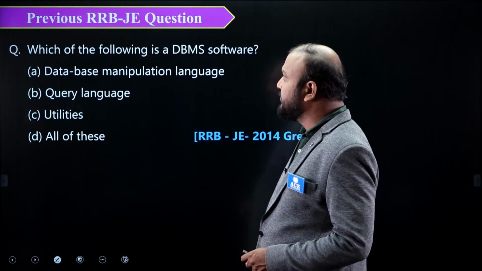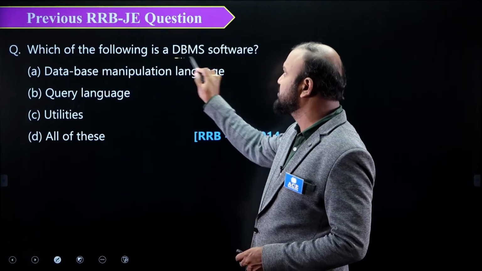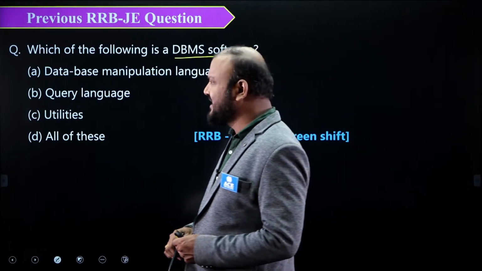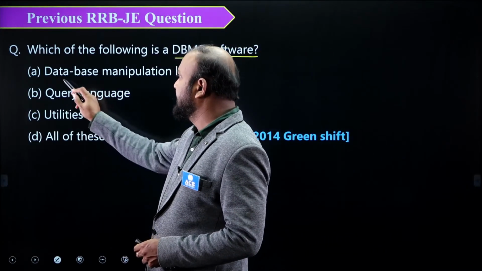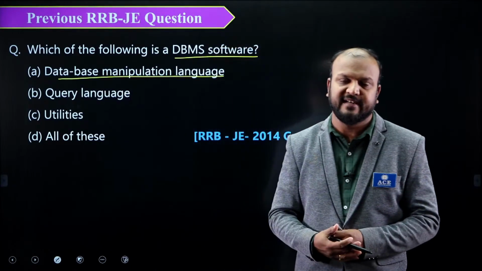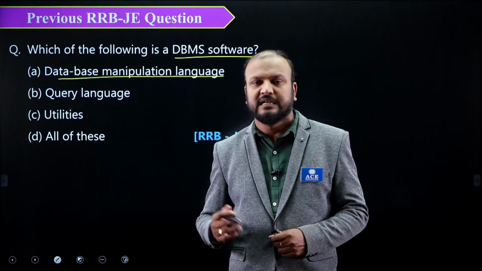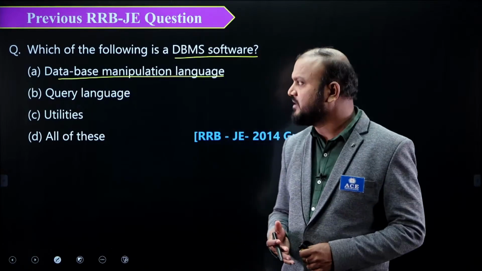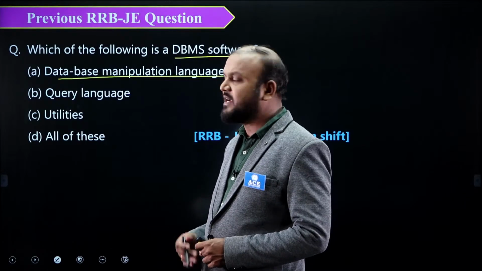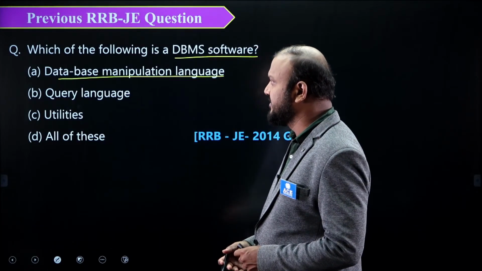Look at this: which of the following is a DBMS software? What does DBMS software contain? Database manipulation language, which is to manipulate the data, like insert, delete, update. These are all called manipulations. To manipulate, it requires a database manipulation language.